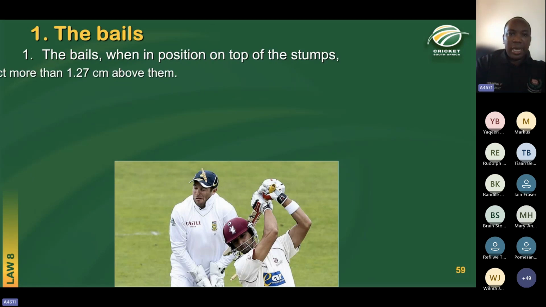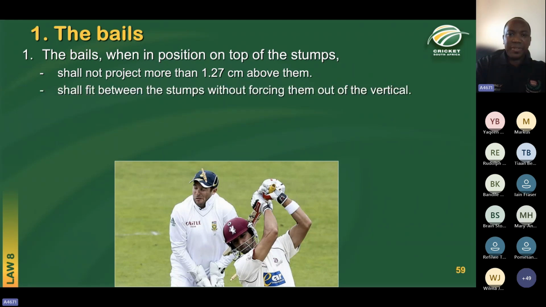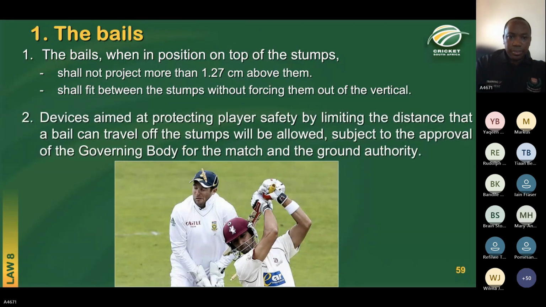The bails, when in position on top of the stumps, shall not project more than 1.27 centimeters above the stumps. They shall fit between the stumps without forcing them out of the vertical. And below we have a picture of the last match that Mark Boucher ever played. He was injured while on tour for South Africa in England a long time ago now.